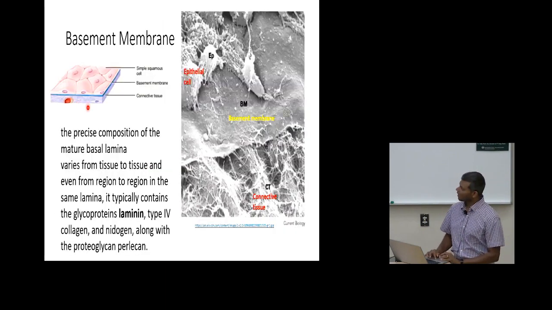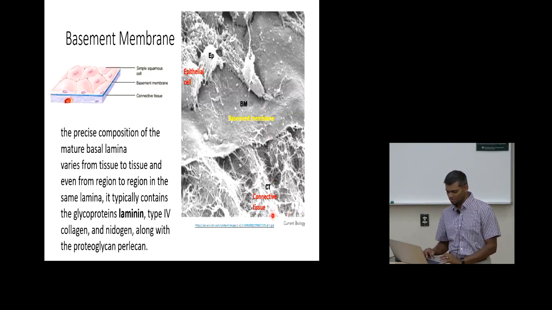So if you look at this schematic representation, you see there are three layers shown here. The uppermost layer is a simple squamous layer of cells. It is separated from the connective tissue by a basement membrane. And this basement membrane is shown very nicely in this electron micrograph. So what they've done is they've done some treatment to remove these epithelial cells, and so they've exposed the basement membrane.